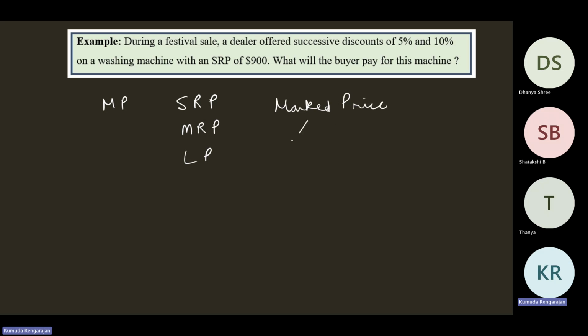Marked price, also called suggested retail price, maximum retail price, or list price, which is the marked price.